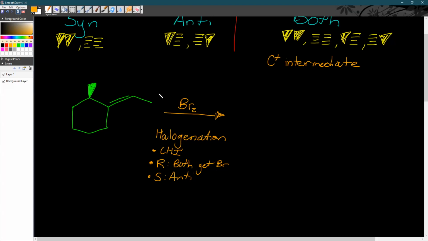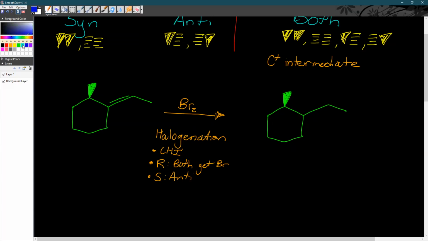And before we take a look at how this stereochemistry is going to direct what's happening, let's just predict the product, okay? Well, we know that our product is going to be this structure. And we're going to be adding a Br to both sides, right?